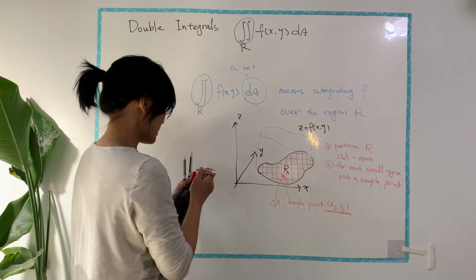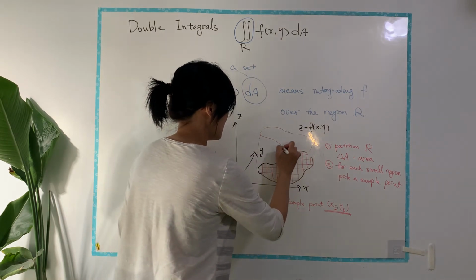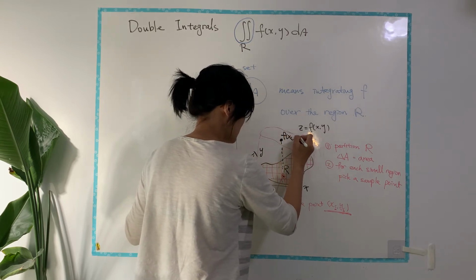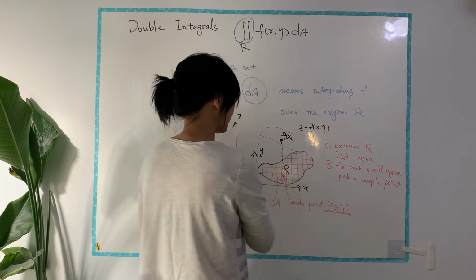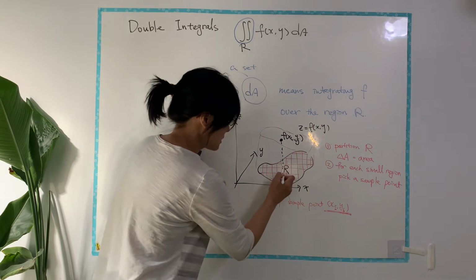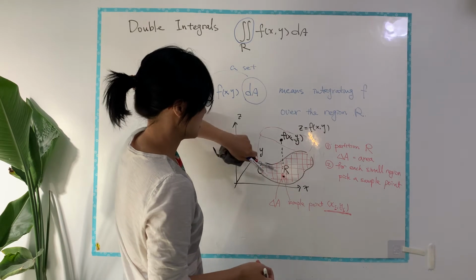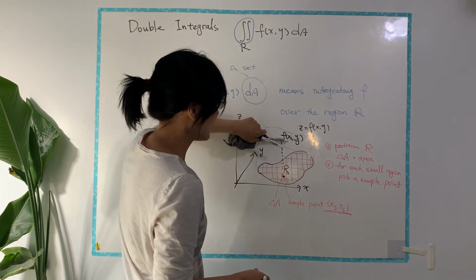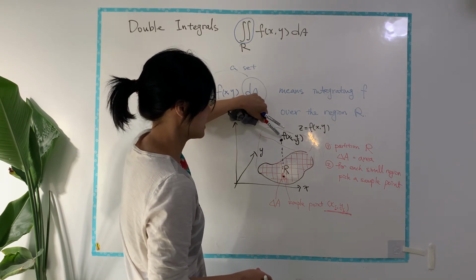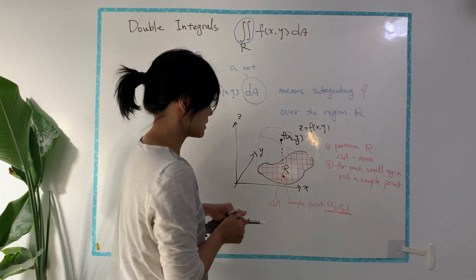With that, this sample point gives us a value f of x_i, y_j. Geometrically, this gives us the height at the sample point on the surface.